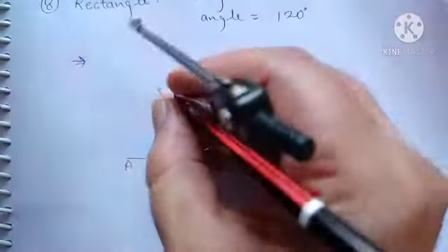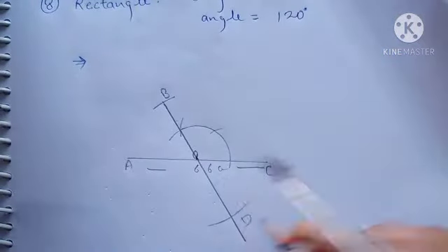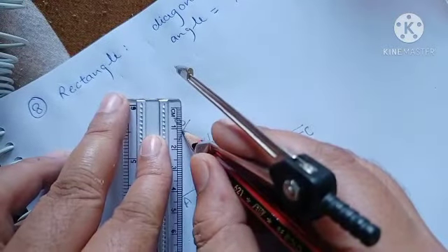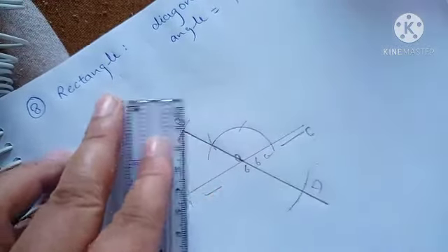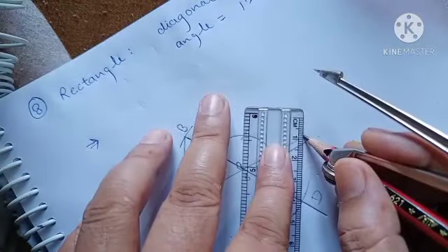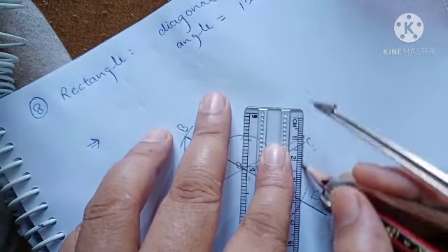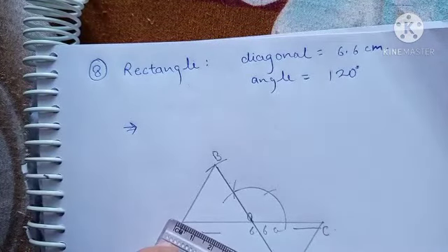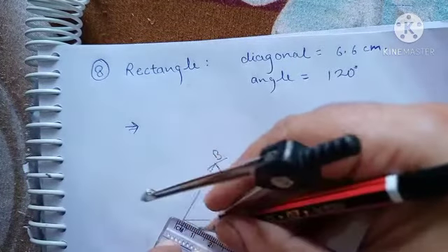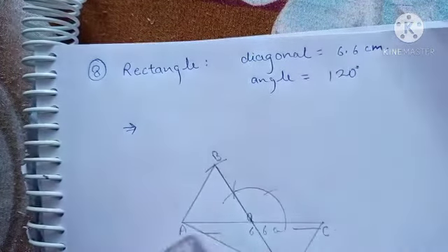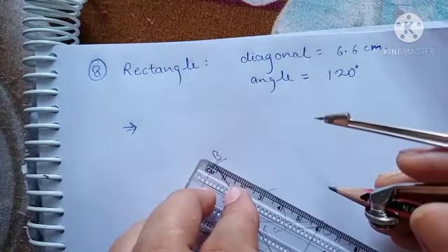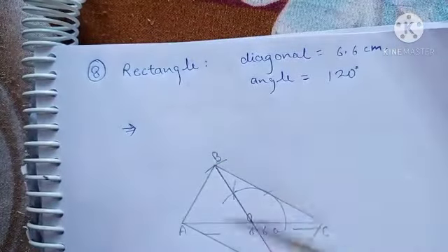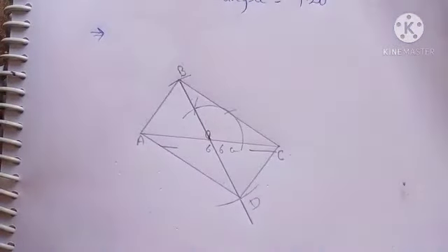Okay, so one point is B and another one point is D. Now we will join AB, BC, CD and DA. So here ABCD is a required rectangle.